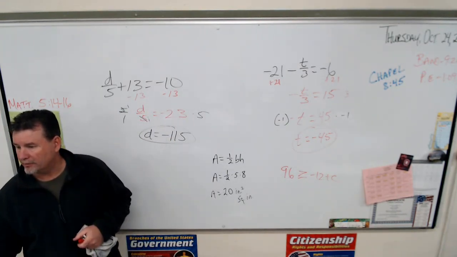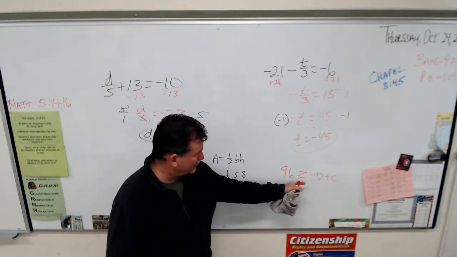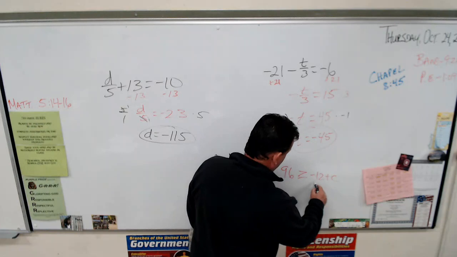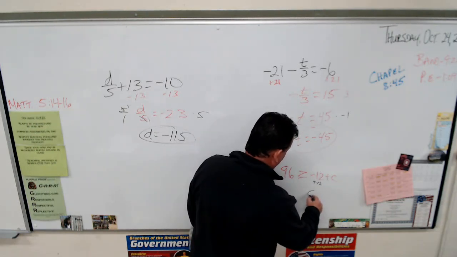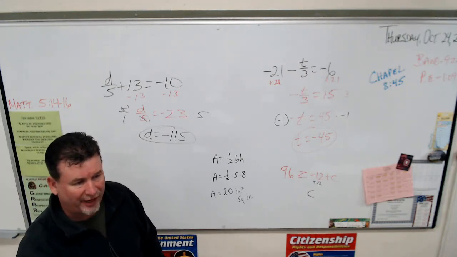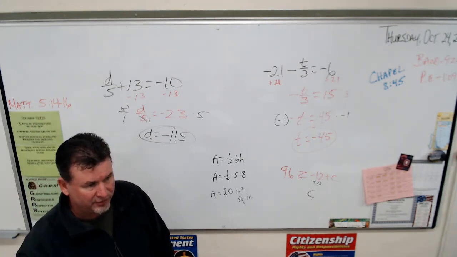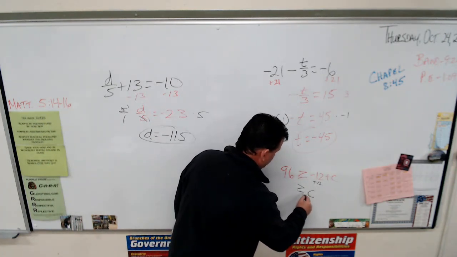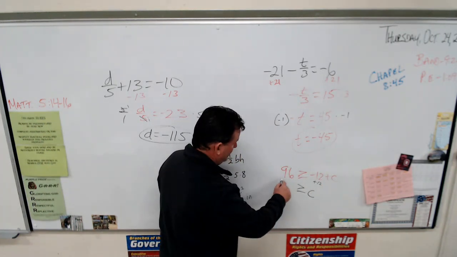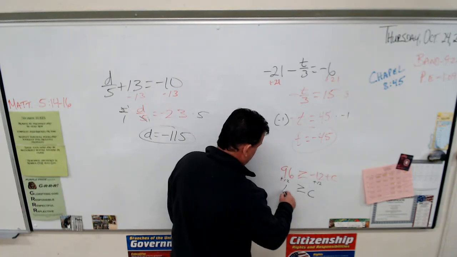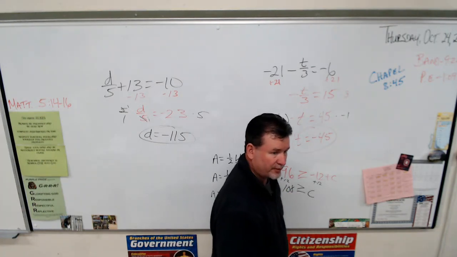Cameron, help him out. I want to get C by itself. What do I got to do with this -12? Add 12. David, if I add 12 here, on this side, all I have is C. I did not multiply or divide by any negative. I just added 12. So this sign's going to stay like it is. I got C on this side plus 12. What's 96 plus 12? So what's the answer?